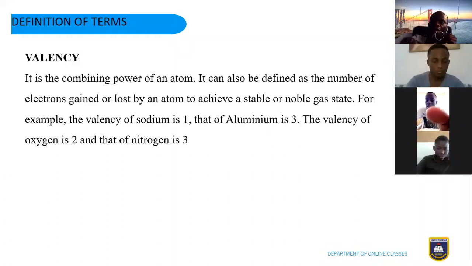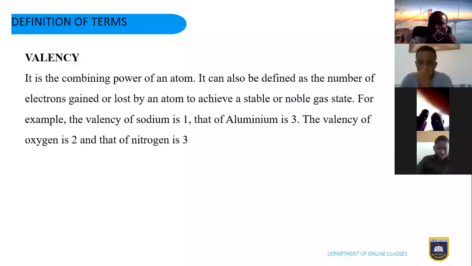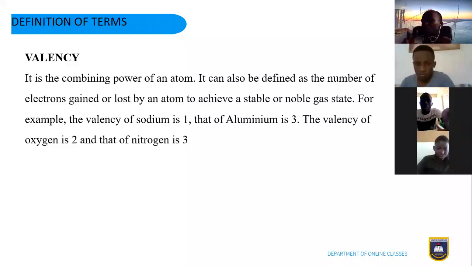So all the other extra electrons in their valence shell, like sodium has only 1 electron in the valence shell. Sodium would like to lose that electron to become stable. Aluminium has 3. The atomic number for aluminium is 13. You know that because aluminium is the 13th element in the periodic table. So that's extra 3 electrons.